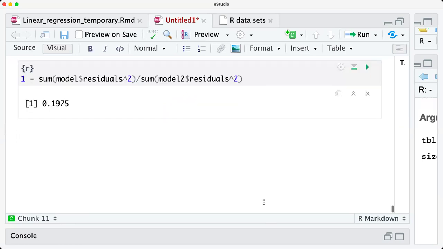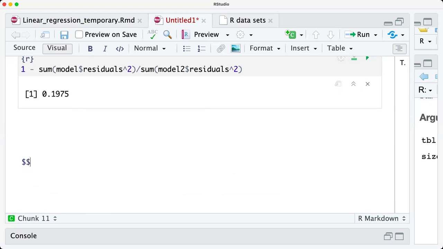You don't need to know this, but let me simply connect it with what we have seen.